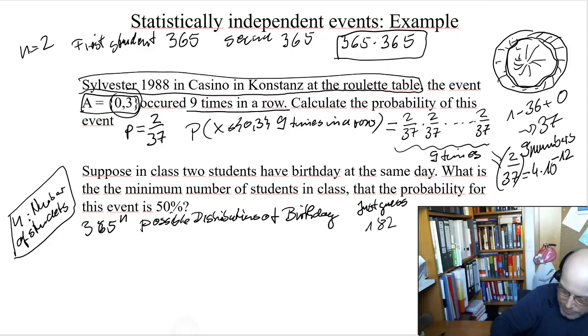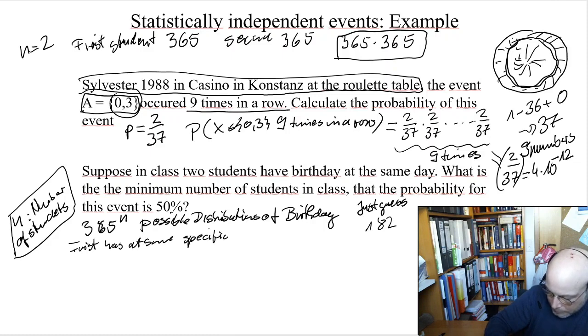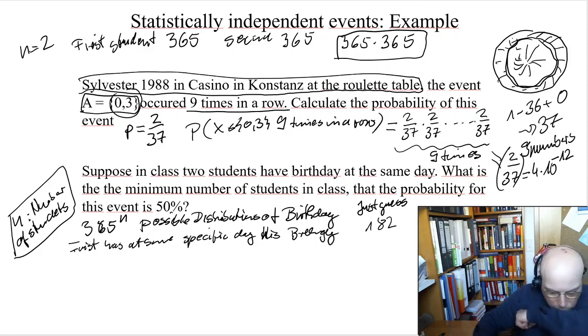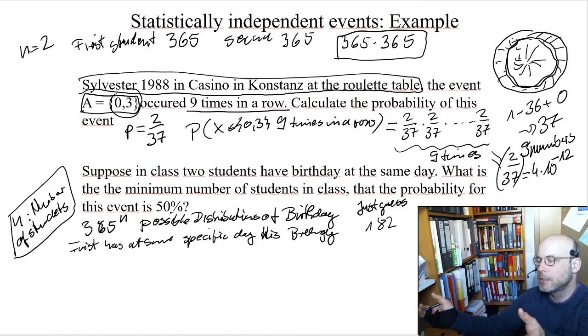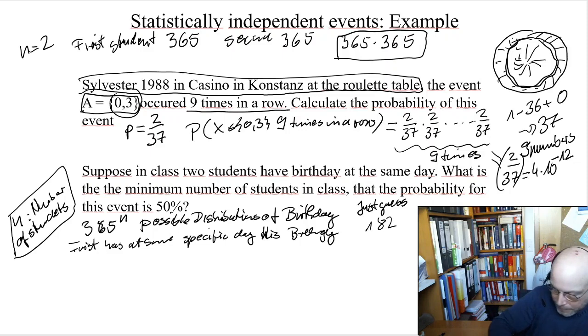If the first student has his birthday on some specific day, then the second student has only 364 possibilities left.